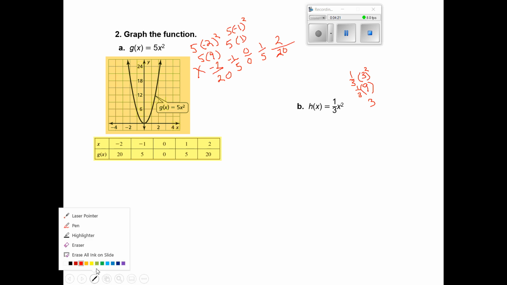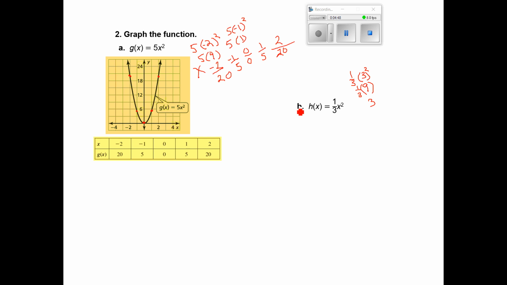This parabola is going through (0, 0), (-1, 5), (1, 5), and (-2, 20), and (2, 20), excuse me.